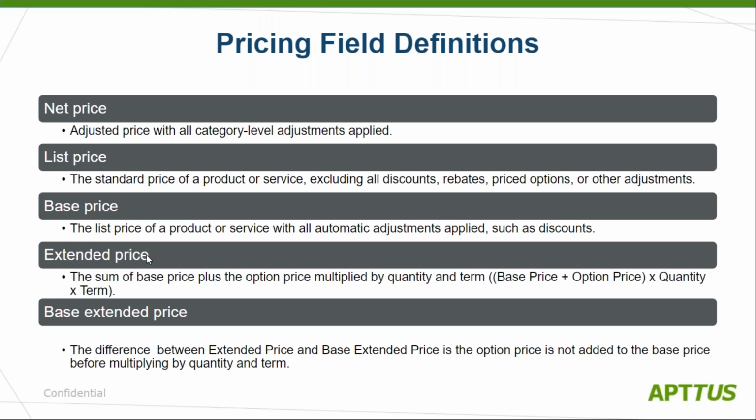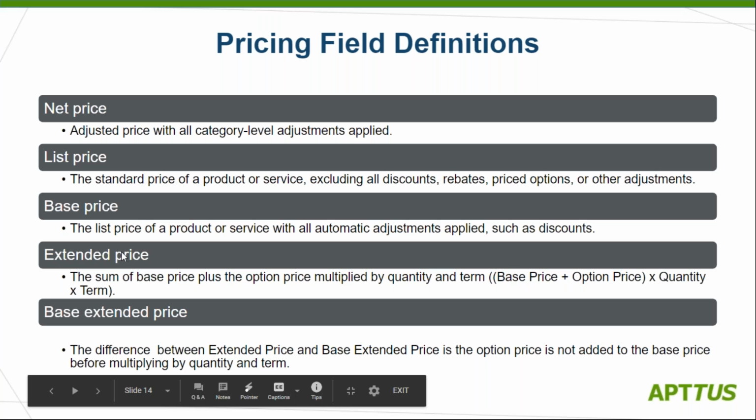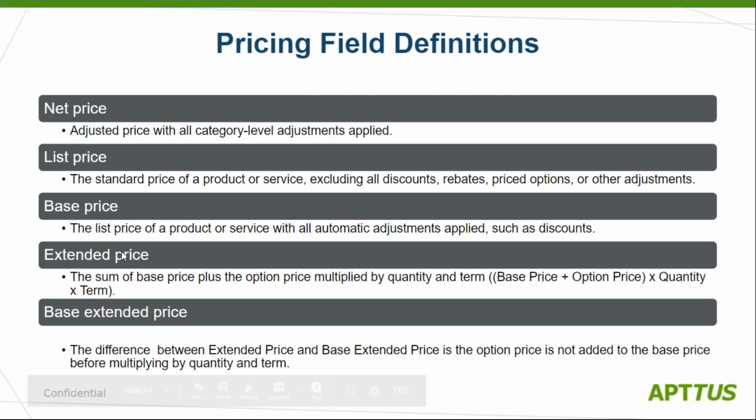If they don't know the calculation, it is difficult for them to understand. That is why they generally hide the extended price and base extended price, and they have their own custom logic. They create their own field, which can be a formula field, and use the other fields like list price, net price, and base price in their calculation.